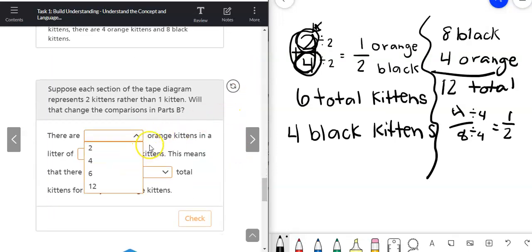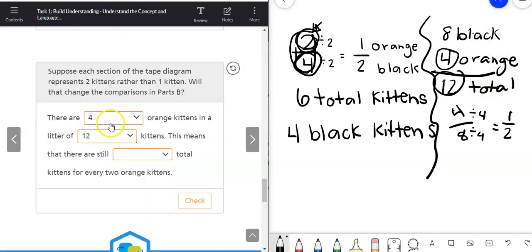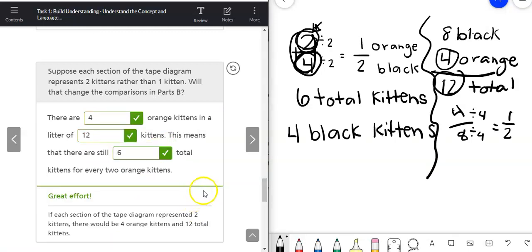So there are 4 orange kittens in a litter of 12. Because if we come over here, we have that information. We have 4 orange, 12 total. This means there are still 6 total kittens for every 2 orange kittens.